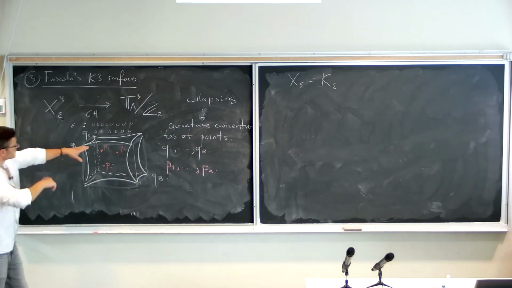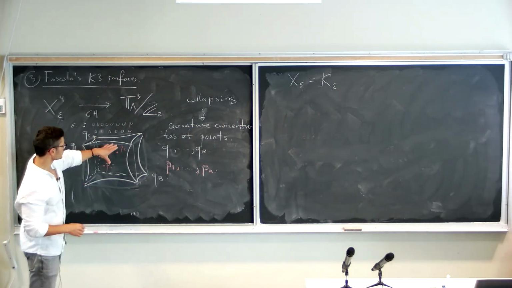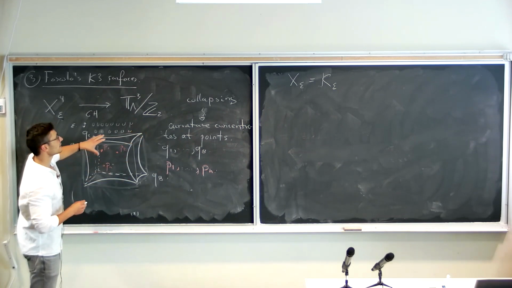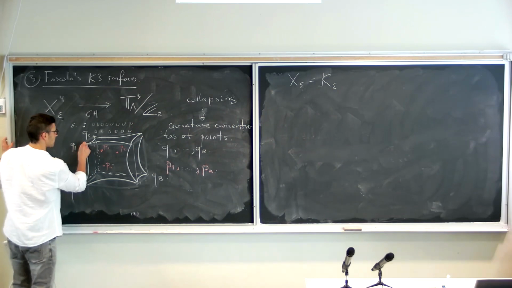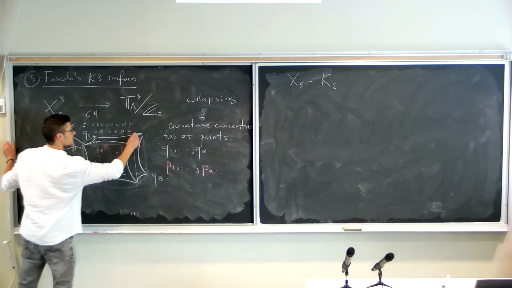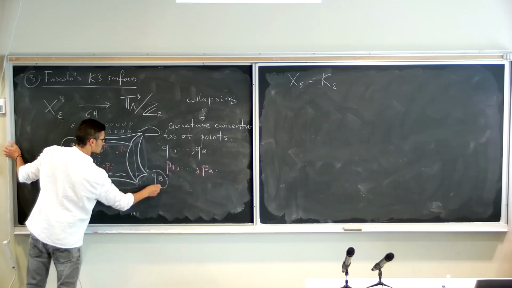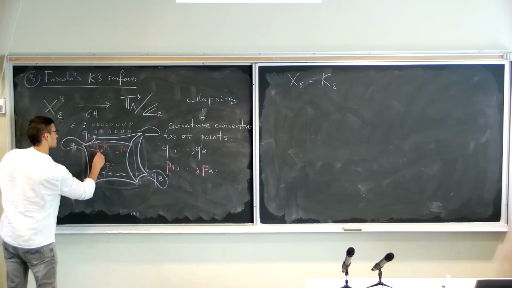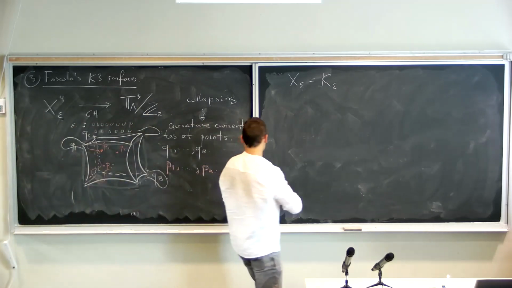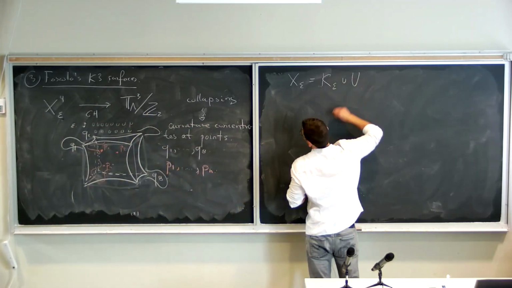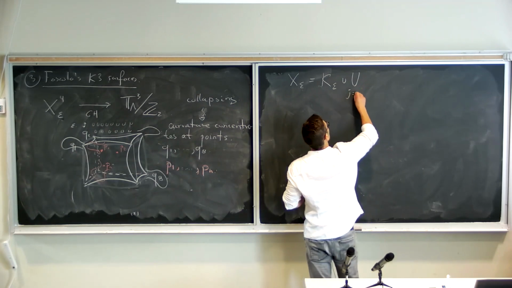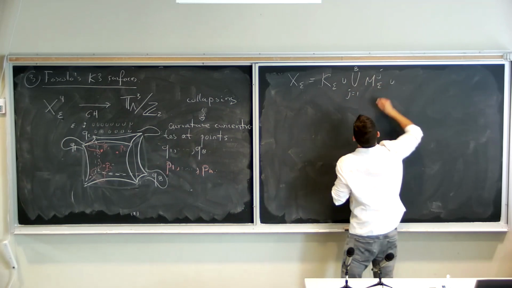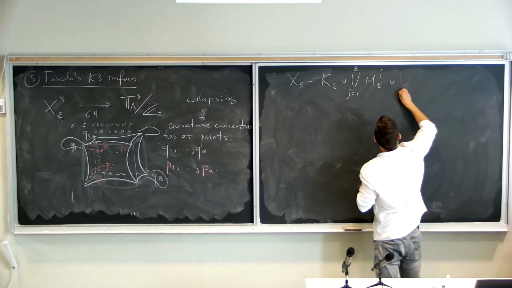So they are collapsing to the 3 torus, minus the points in that region, the K epsilon. And then there are some small bubbles that appear at these points that you need to glue in. So some white bubbles, and then some red bubbles.